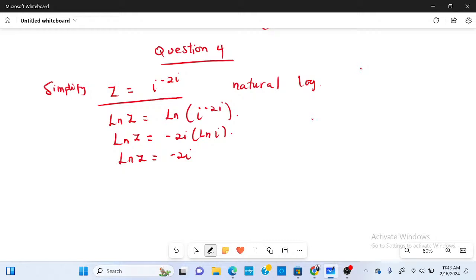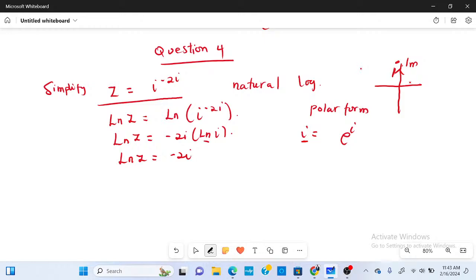Whenever you are dealing with the logarithm of a complex number and you are using natural log, simply convert the complex number to the polar form for easier simplification. So our i in the polar form, this is a unity complex number. So meaning our r is 1, that is the modulus is 1. So you simply get e to the power i theta. On the Argand diagram, i falls here, so 1 on the imaginary axis is what we call i.